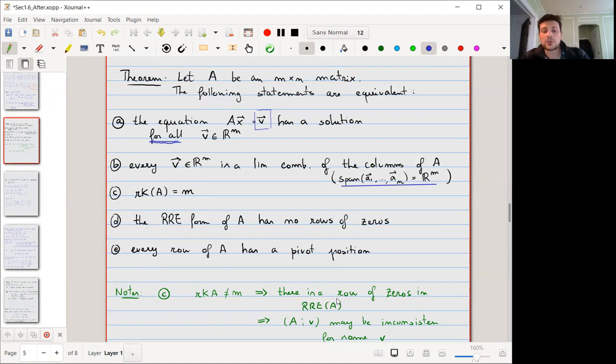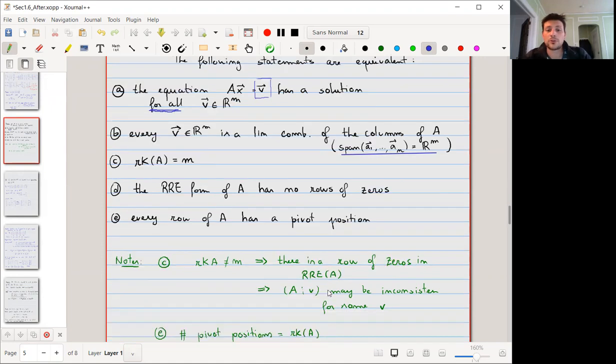However, if there is a row of zeros in the reduced row echelon form of A, whenever I augment the matrix A with a vector V, I may get an inconsistent system for some choices of V. So having a rank different from m tells me that conditions A and B may not hold all the time. That's exactly what this theorem captures. The rank equals m tells you that the linear systems will be consistent all the time.